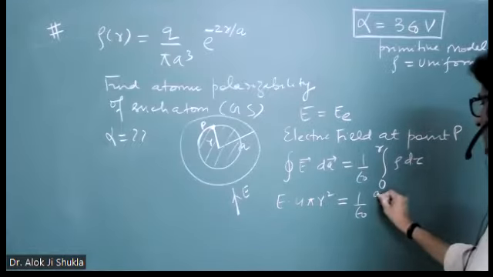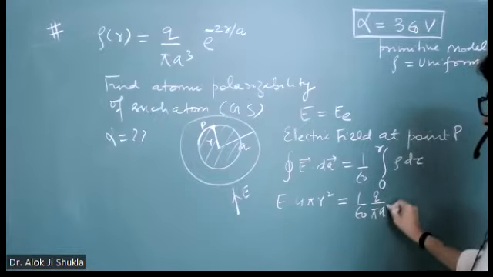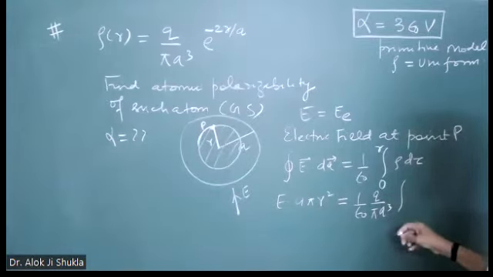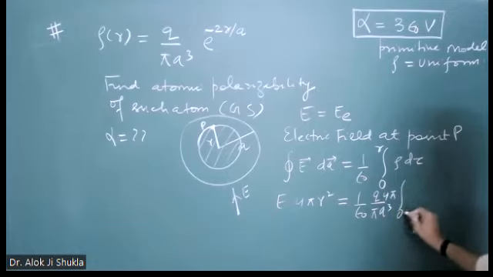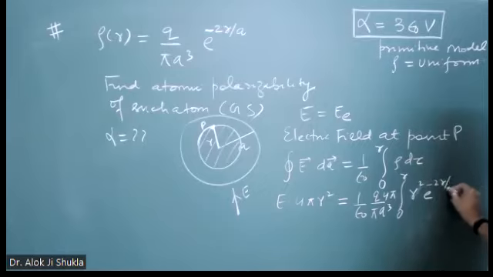Q by pi a cube e raised to minus 2r by a, and let me take 4 pi outside the integral. 4 pi, 0 to r, r square e to the power minus 2r by a and dr.